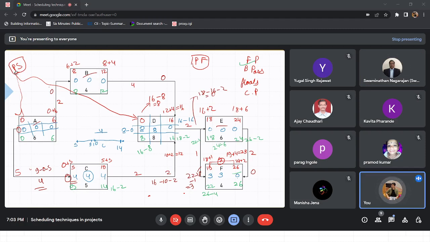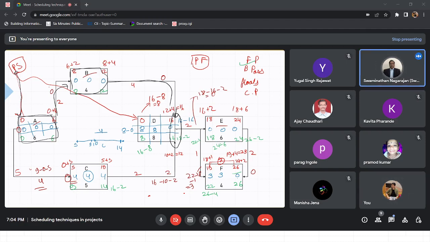So we'll start with the critical path. We'll start from project start, the start of activity A. Now activity A whole is critical, right? I mean, all three values from activity A to activity B, B to activity D. But you see that only the finish of activity D is critical, not the whole activity.